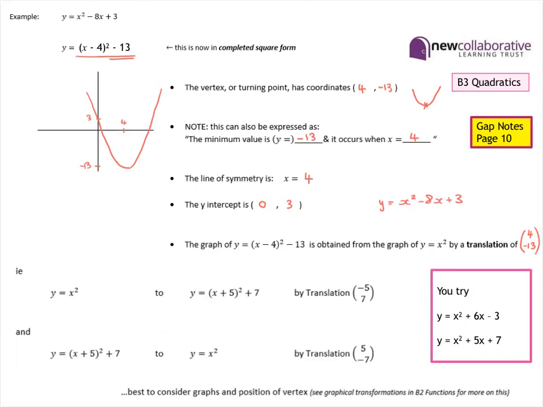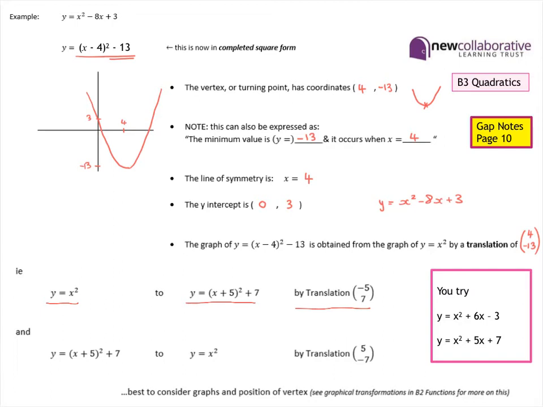If, for example, we started with the graph of y equals x squared and then translated it to produce the graph of y equals x plus 5 squared plus 7, that would require a translation of negative 5, 7, so that would be 5 units to the left and 7 units upwards.